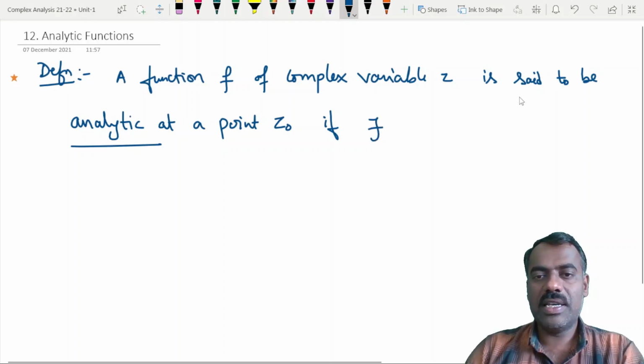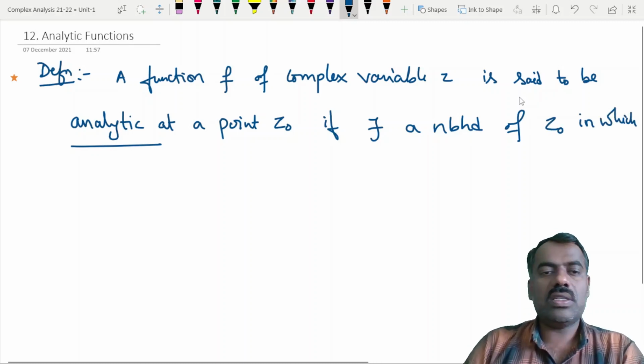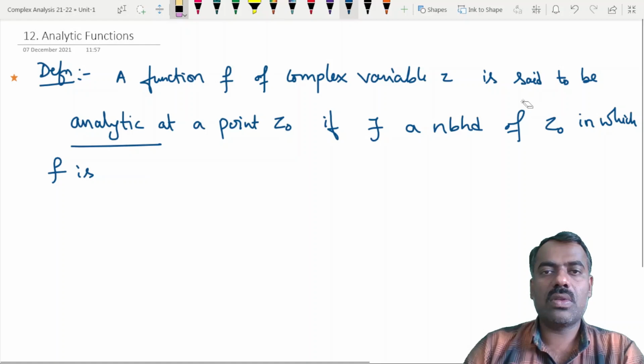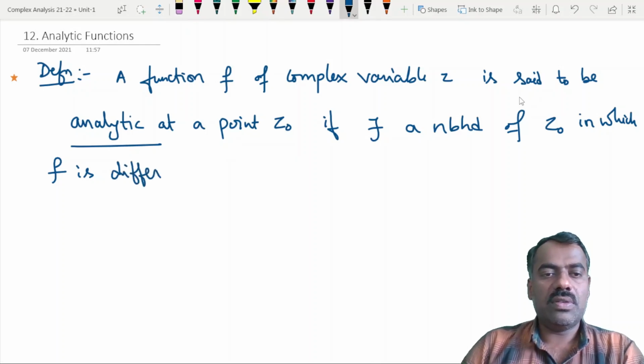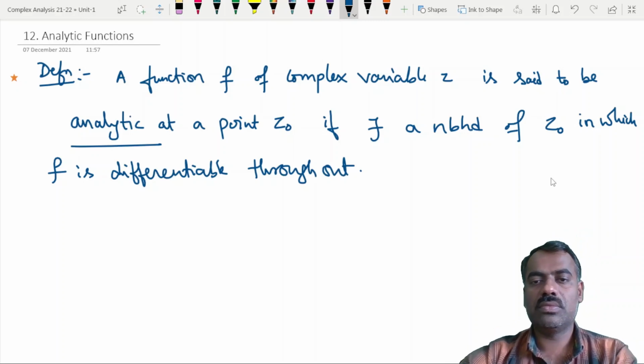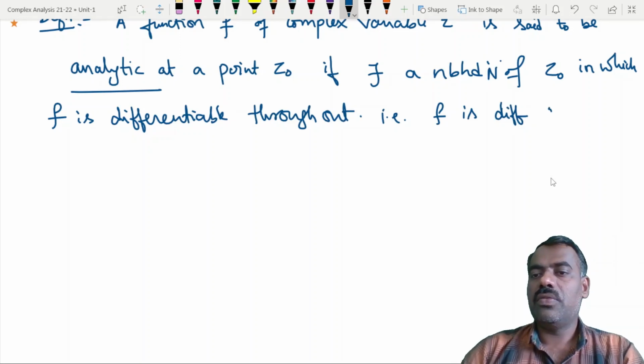That means if there exists a neighborhood N of z naught such that f is differentiable for all z belonging to N.